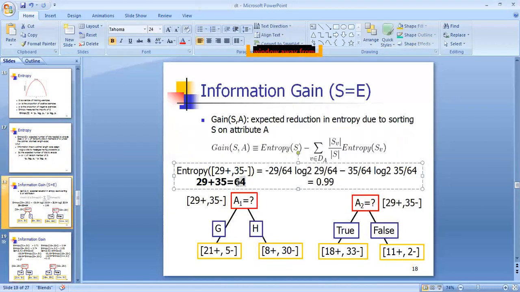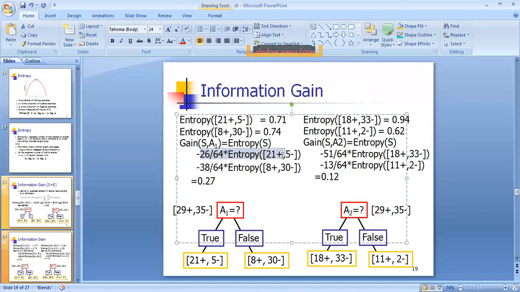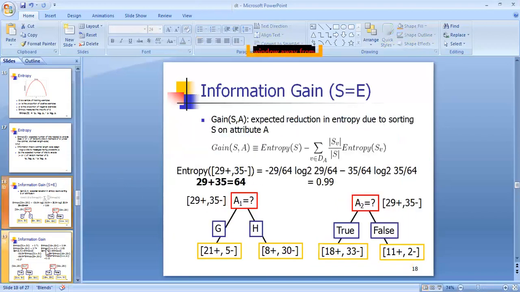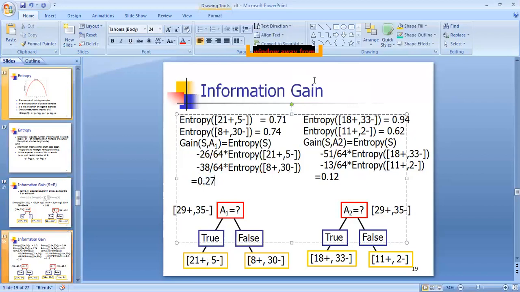It is the total. So 26 divided by 64 star entropy of 21 plus 5 minus, then 38 by 64. You get this 38 from 8 plus 30, divided by the entire thing, which is 64, star entropy. The value you get is 0.27.